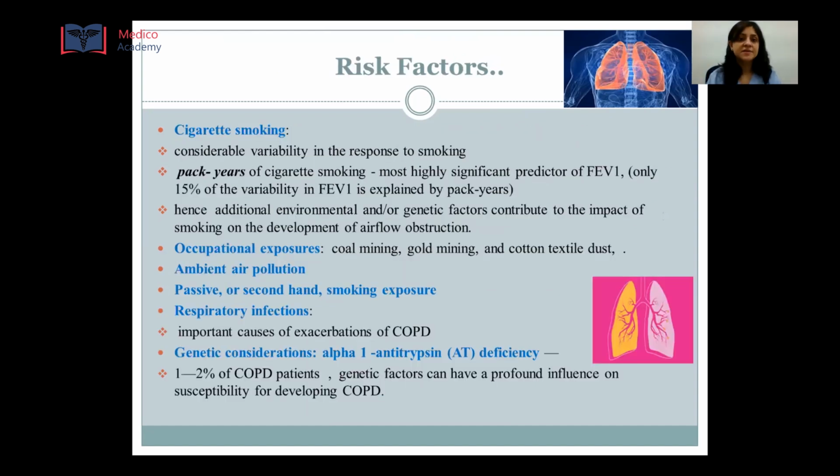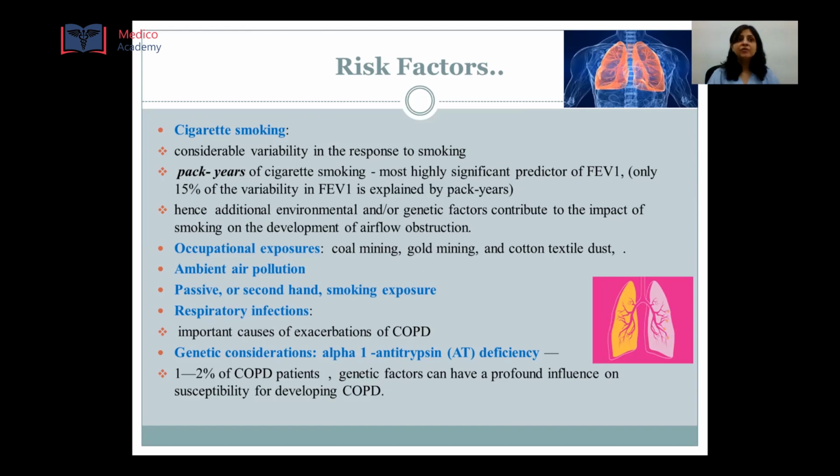Now, what are the risk factors for developing COPD? Cigarette smoking, the most important and common risk factor. Though there is a considerable variability in response to smoking, what we know about smoking is the word pack years. Pack years of cigarette smoking is basically the most significant predictor of FEV1.